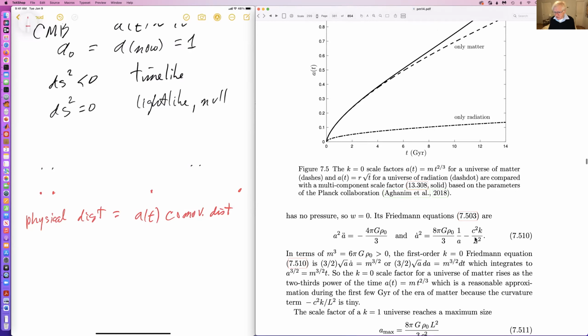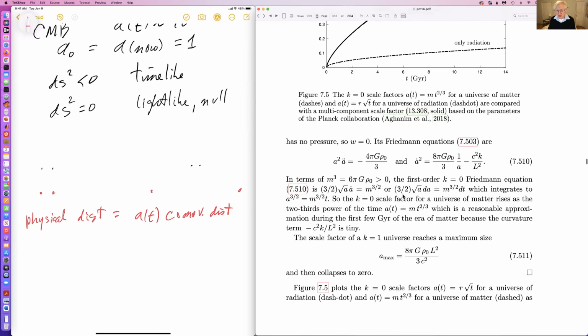the Friedmann equations look like this. We said m cubed equal to 6 pi G, Newton's constant, present value of the energy density equal to that, and that's positive.